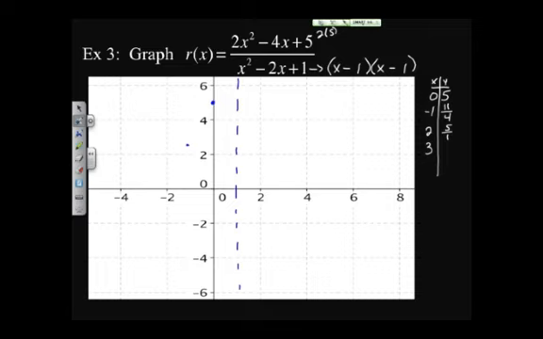And then if we put in a 3, we're going to have 18 minus 12 is 6 plus 5 is 11. And on the bottom, we're going to have 9 minus 6 plus 1 is 4. So notice here, we're going to have this 5 right here. And once again, at this point, we're going to have this 11/4.